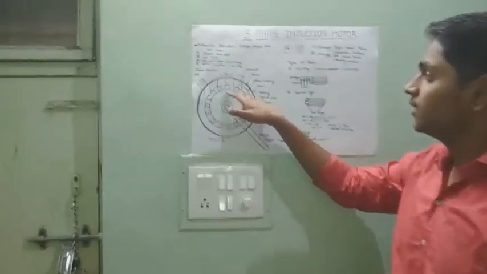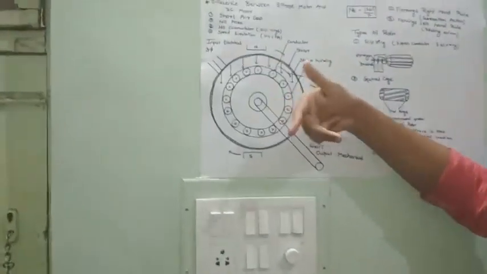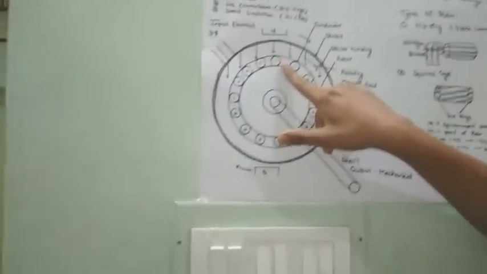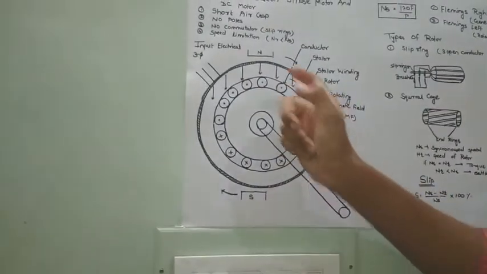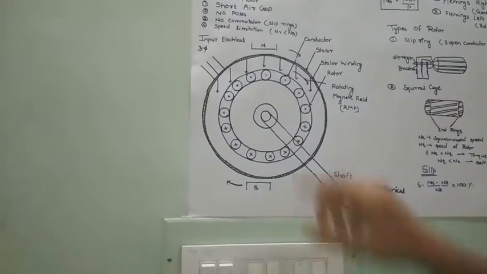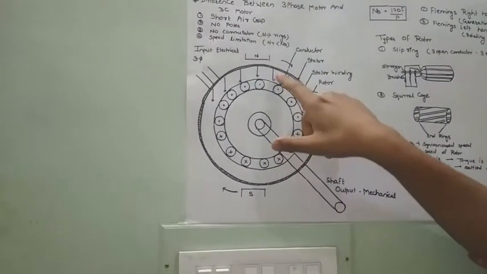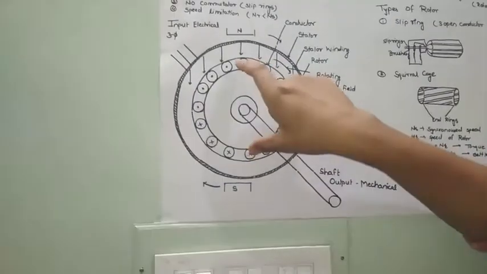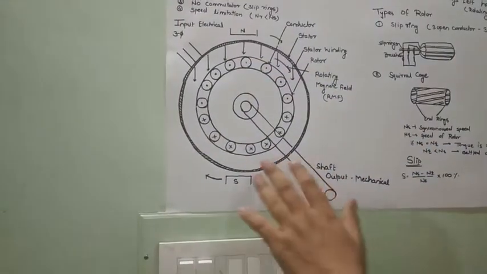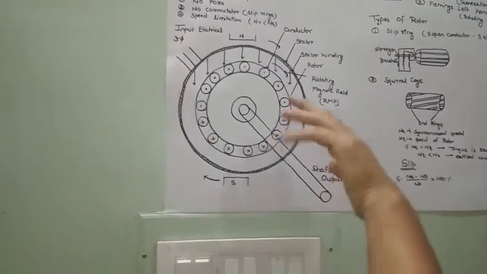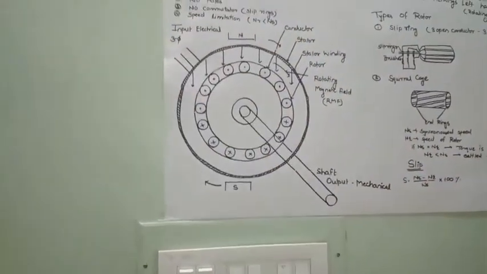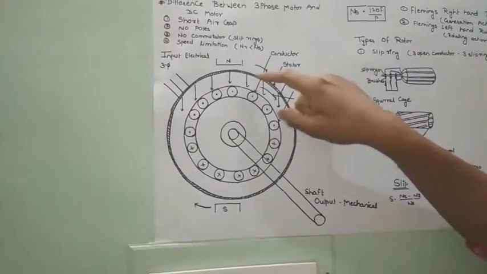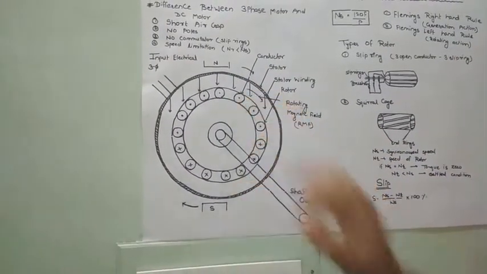In this case, the direction of motion of conductor is in the anti-clockwise direction, because the rotating magnetic field is rotating in clockwise direction and the conductor is stationary. So we can assume that the conductor is rotating in anti-clockwise direction, assuming that the rotating magnetic field is stationary.